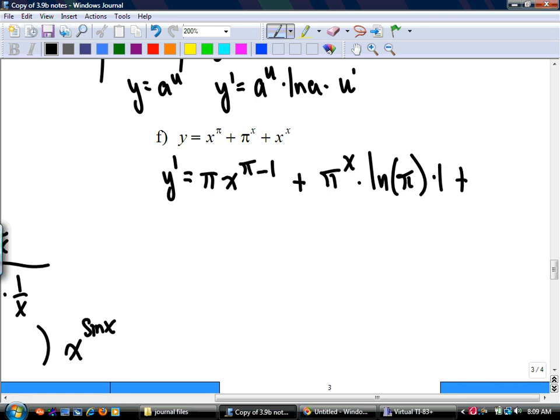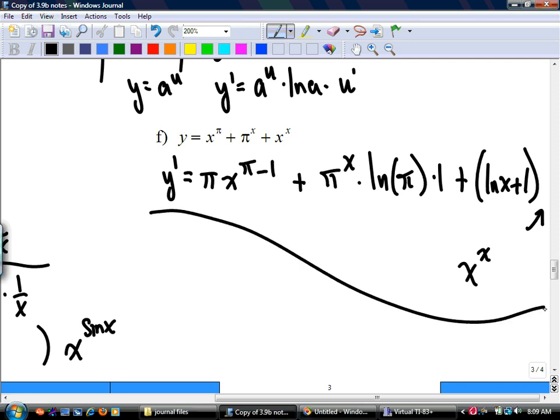What's the derivative of x to the x? You've done this somewhere else in your notes. Go look. Bracket ln x plus 1 bracket times x to the x. Now you're looking at this going, OMG, what just happened?